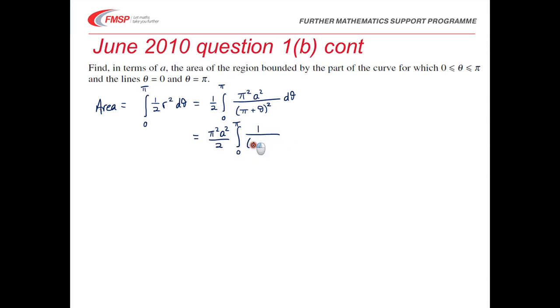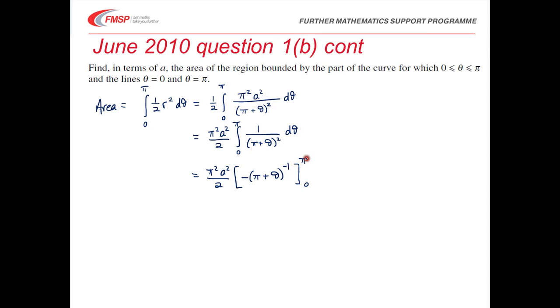And we're just left with the integral of 1 over (pi plus theta) all squared d theta. Integrating that will give us (pi plus theta) to the -1, and I need a minus sign there.